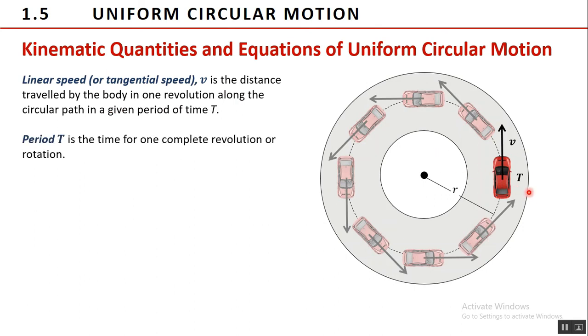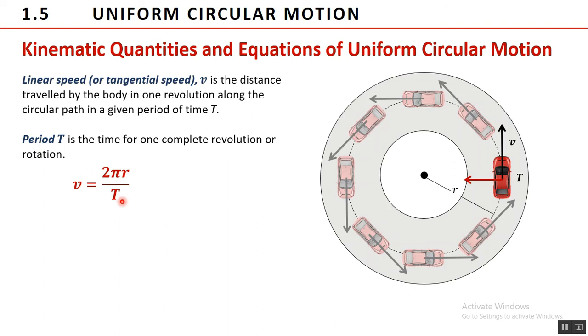This is also the magnitude of the instantaneous velocity of the body, provided that the motion remains uniform. For this reason, we use the letter v instead of s for the linear speed. The distance traveled by an object to complete one revolution along a circular path with radius r is equal to the circumference of that circle, 2 pi r, and the time it takes to make one revolution is called the period t. Hence, linear speed v is expressed as 2 pi r divided by t.